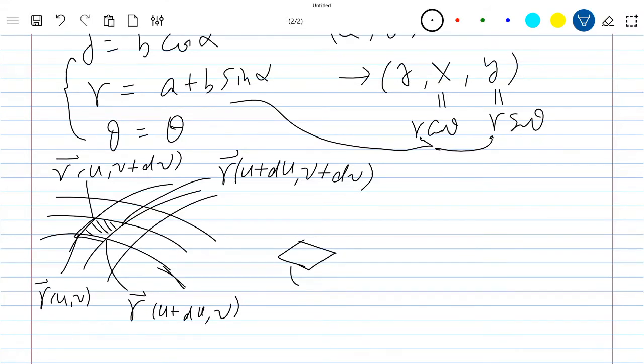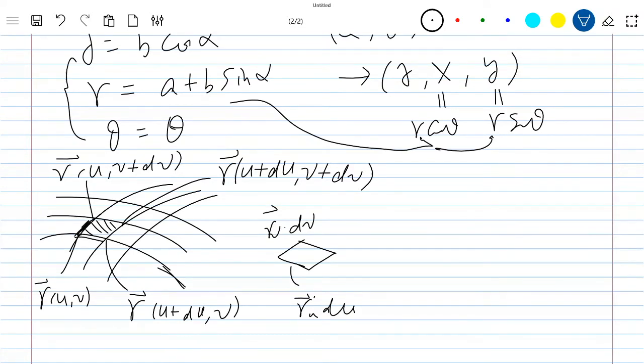And what is this? This is about Ru times du, where Ru means the derivative over u. And this is Rv times dv, because you are changing only in v with u fixed.